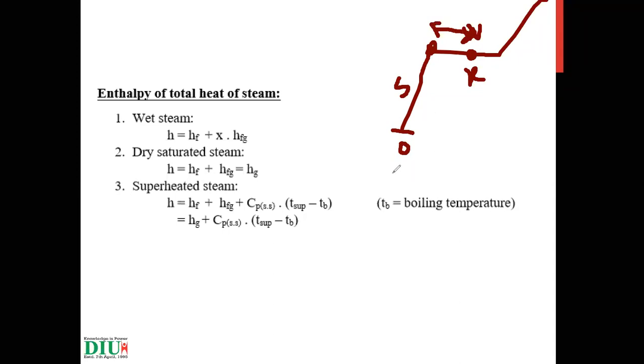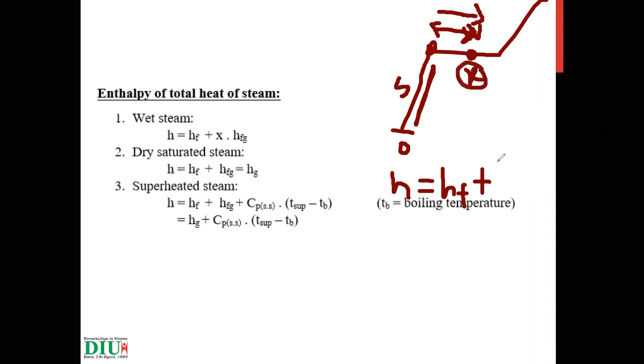So the equation will be something like that. For the wet steam, the total heat is H equals to, definitely we need to calculate this sensible heat, which we said is represented as HF, plus we need to add this latent heat. As this is wet steam, a certain portion of water has been transferred into steam.